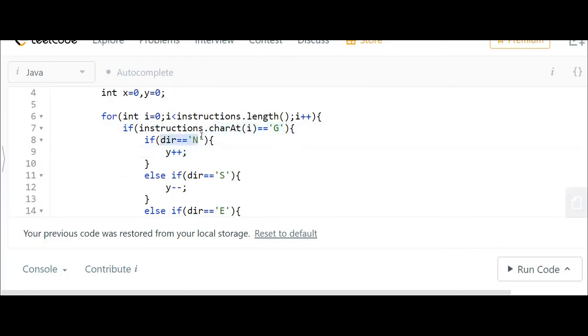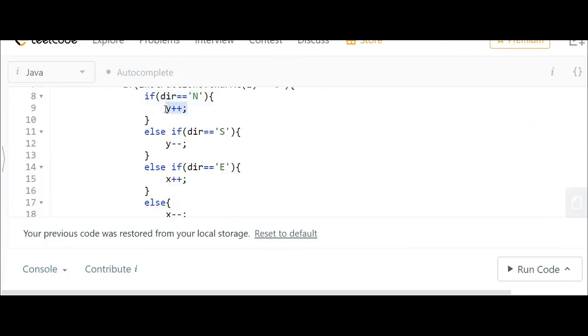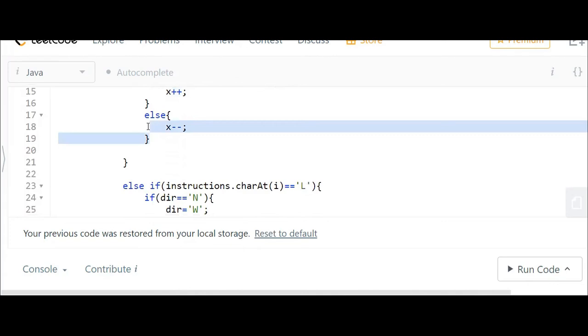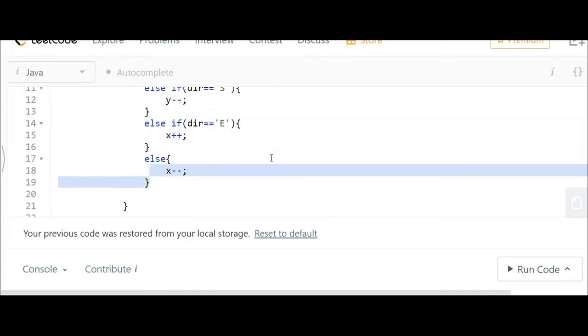If the direction is equal to n, meaning towards north, it is going up, so in that case I am increasing the y value. If this is towards south, I am decreasing the y value because it is going down. Now this is east, so I am increasing the x value, that is the positive axis, and otherwise I am decreasing the x value because of west.